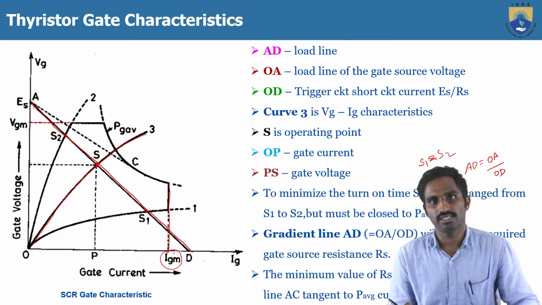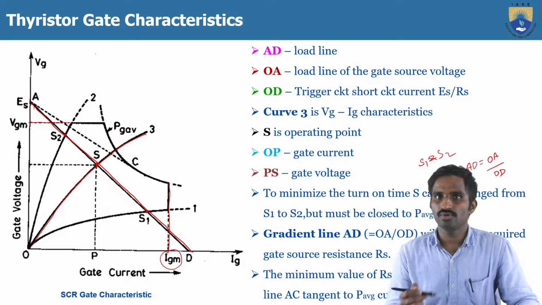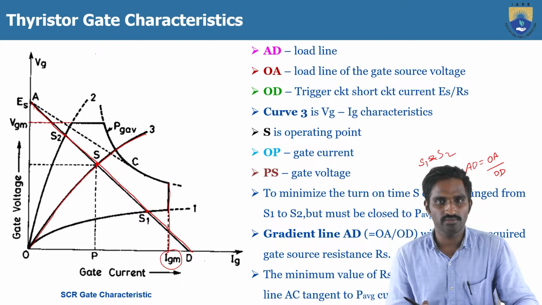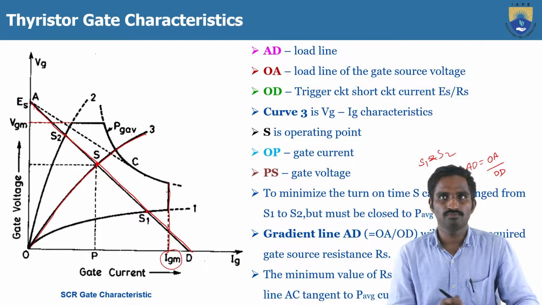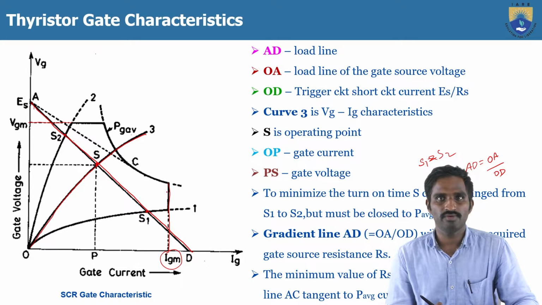So we should not give a gate voltage above VGM, nor a gate current above IGM. This is how the characteristics of the SCR look.